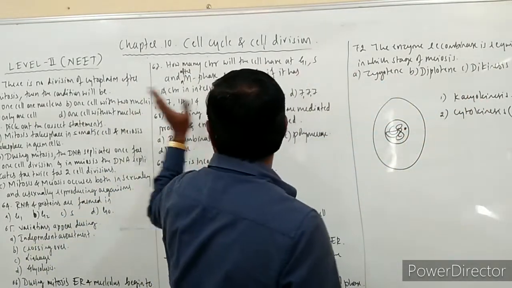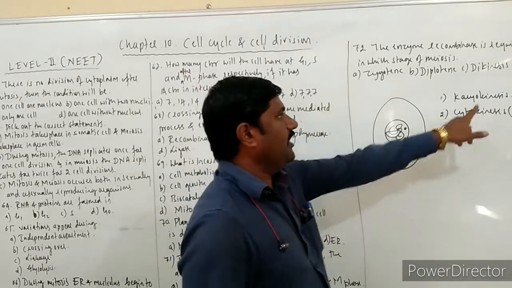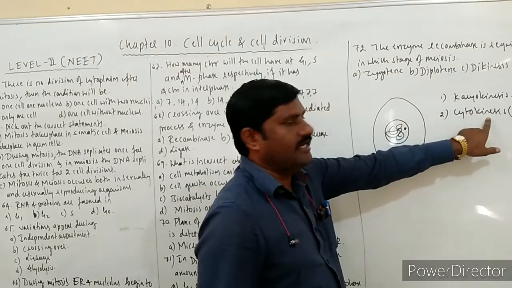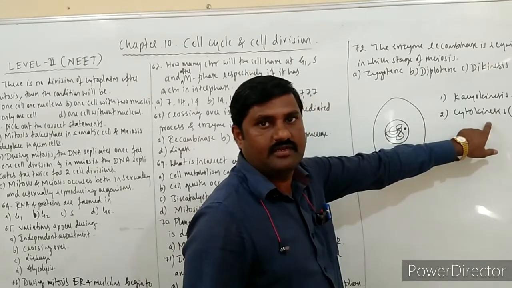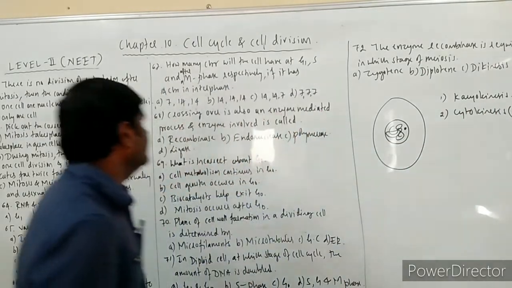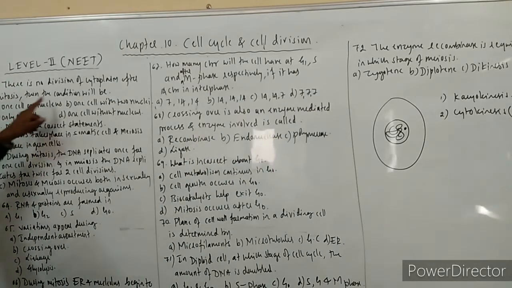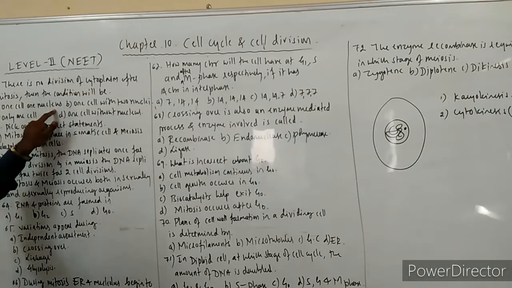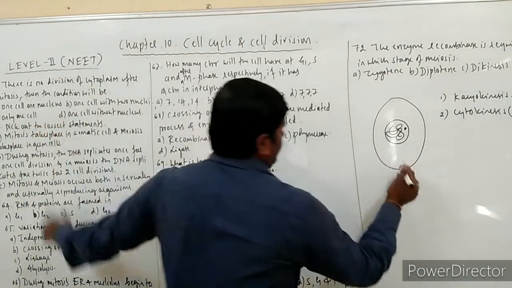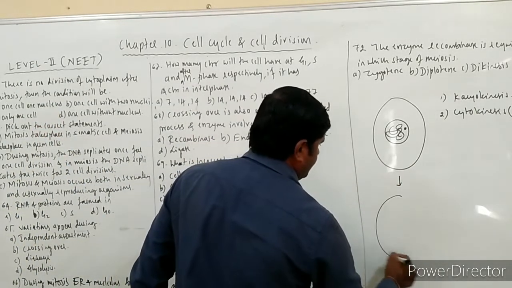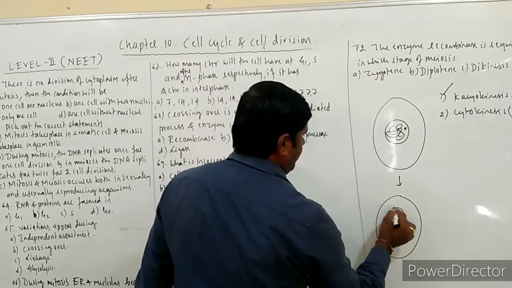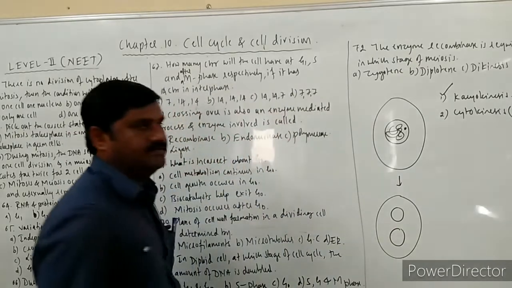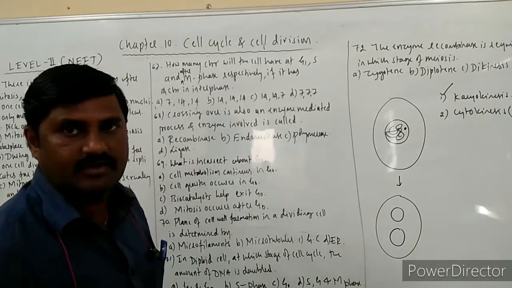What he is asking is, after karyokinesis, if the cell does not undergo cytoplasmic division, what will be the result? One cell with one nucleus divides, nuclear division occurs, and two nuclei are formed, but cytokinesis is not done.